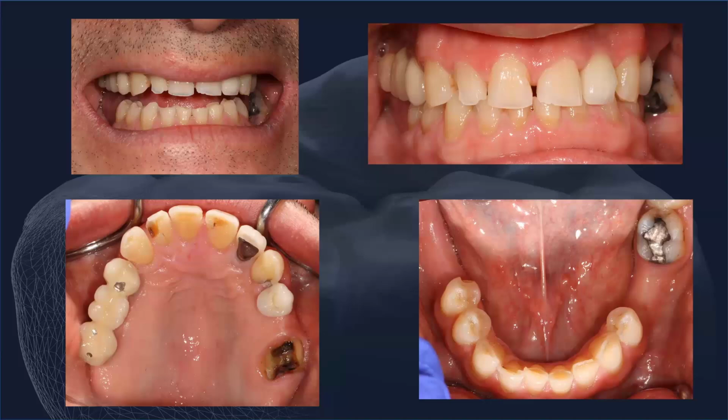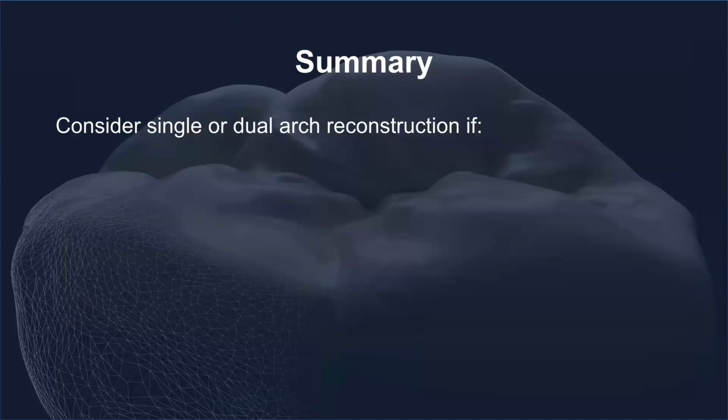But you can easily do that if you know how to redistribute spaces. You will create space by increasing OVD, and then you need to redistribute that space using upper or lower or both teeth.